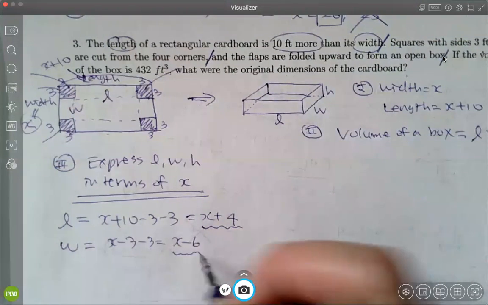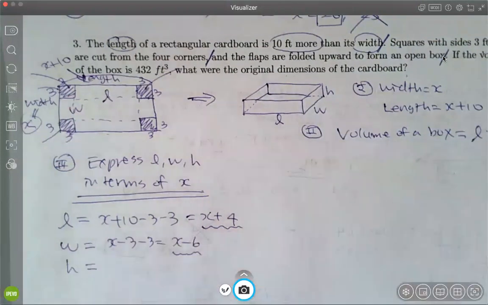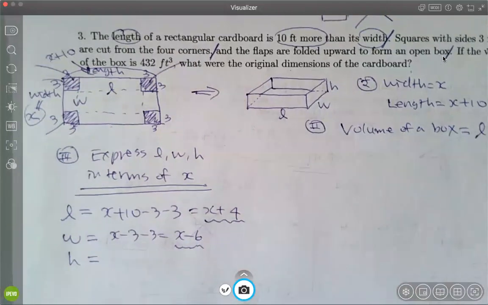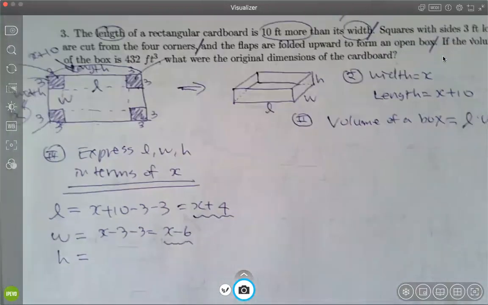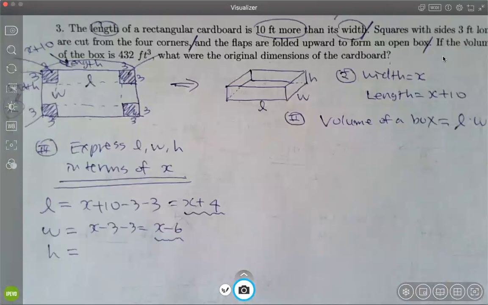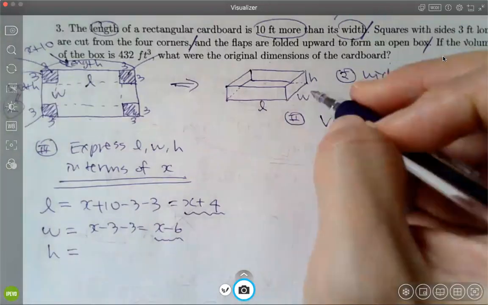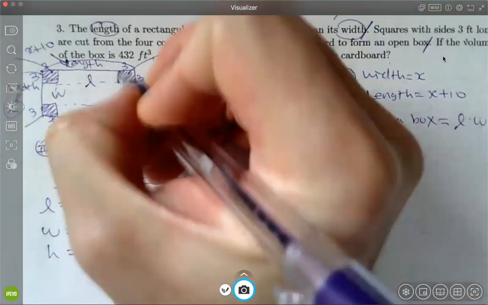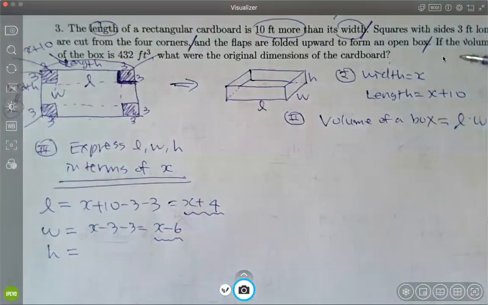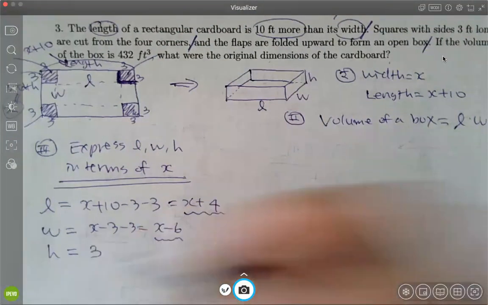And now, what's the expression for the height? Would it just be 3? Okay, so how do you form the height? These two edges will be joined together, and that will form the height. So height is equal to 3, yes.